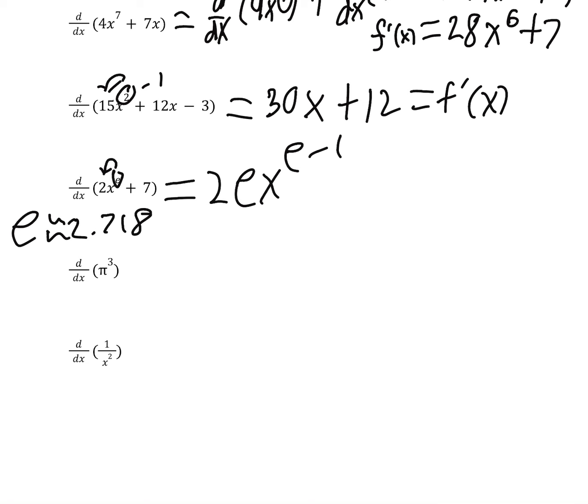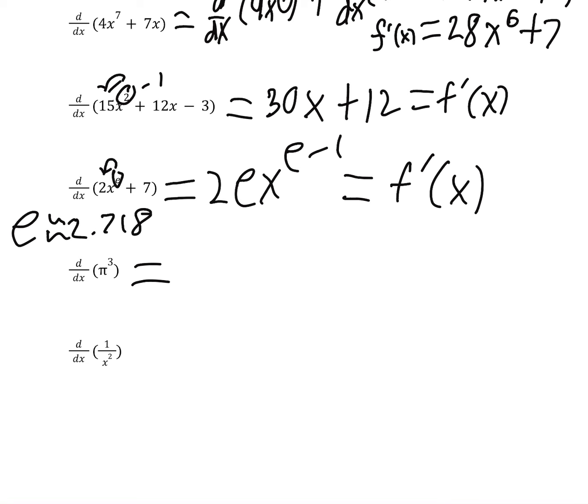That's technically wrong. Just leave it as e to the x to the e minus 1. And then plus 0, because 7 is a constant, so this equals f prime of x. Yeah, just leave it as 2e x to the e minus 1, because the e comes down, and then you're going to subtract 1 from the exponent, because it's just a number.